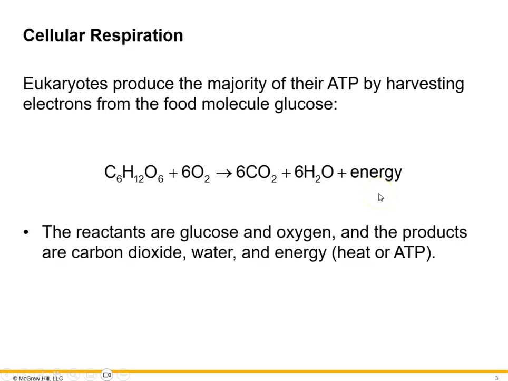So while our cells are trying to get this energy, and that's the goal of the whole process, we do have byproducts of water and carbon dioxide. And when you zoom out of just looking at the reaction and think about how we function, it makes sense because we eat food, so here's our glucose, we breathe in oxygen, we breathe out CO2, and we will always have water in our system. So this is a logical byproduct of this process as well.